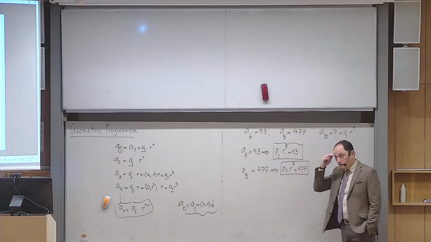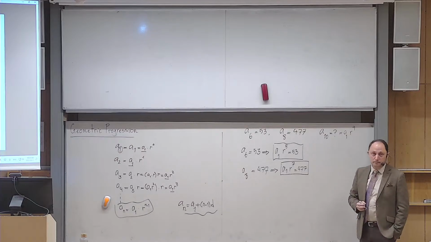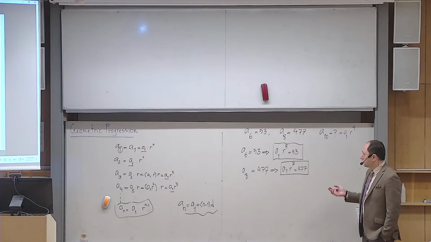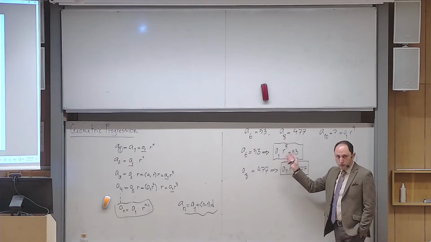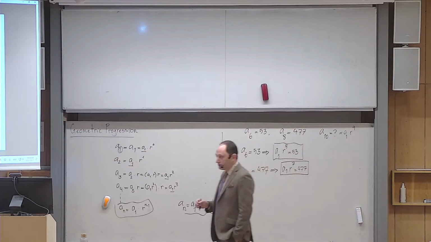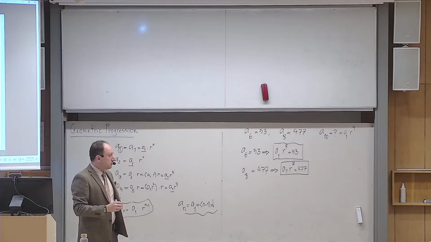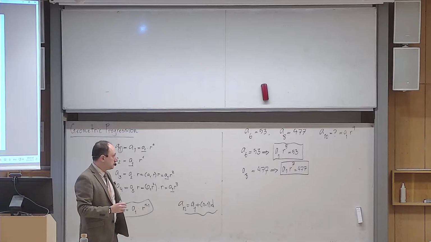What is your suggestion for how to solve this system? Because I need to find a way to find A sub 1 and R from these equations. Yes, Robert? So I would divide both sides, the first one with R to the power of 5.